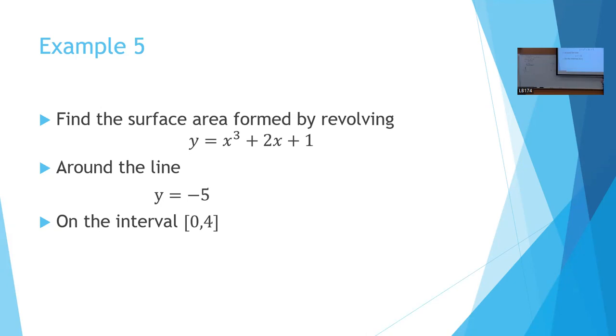That's going to make that shell bigger, and therefore the surface area is going to get larger. So we're going to take that same chunk of curve, rotate it around y equals -5, and find the surface area of the object we've created.